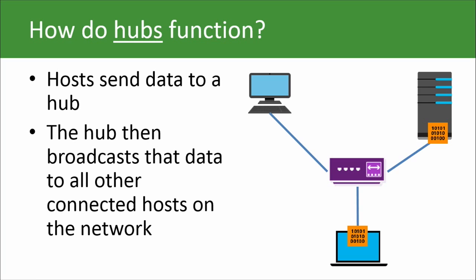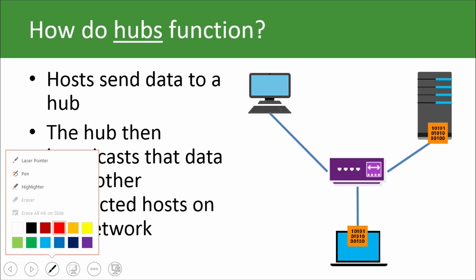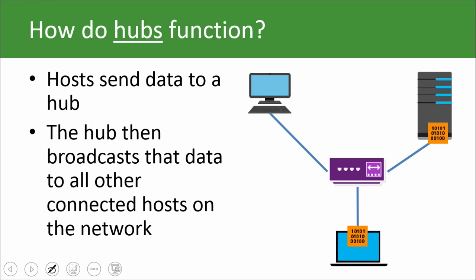But what happens is this computer, this device, like you just saw in the demonstration, sends its data, and then every other device that's connected to a hub is going to receive that data. The difference, though, or rather a potential problem here for us, is that this computer may only want to send data to this laptop down at the bottom of the screen and not to the server that's located up at the top right.